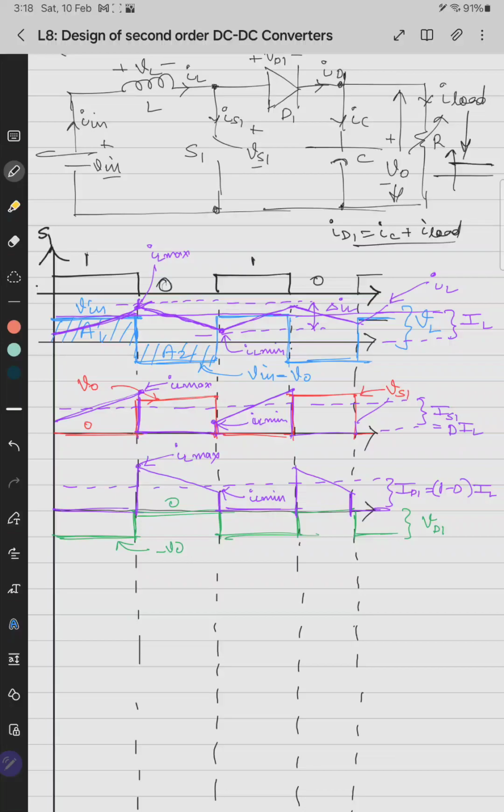Again, the current second balance says that the average value of the capacitor current should be 0. So it has to be shifted by the quantity equal to the load current itself. Then only it will have 0 average value. Then if we draw the waveform, it will be like this. So this waveform, we are bringing it down like this.